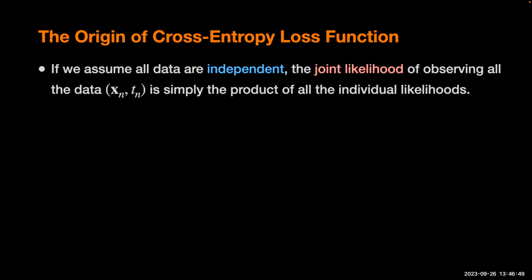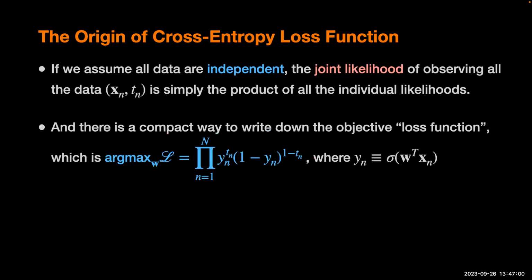The chances that I have eaten at McDonald's, which I also did today because I have no time, versus it rained today is the product of the two, because they are somewhat independent. Even though they are not exactly, in this case, it's somewhat independent. So I just want to write down the product of all my data points. So I take the product from n equals 1 to N.